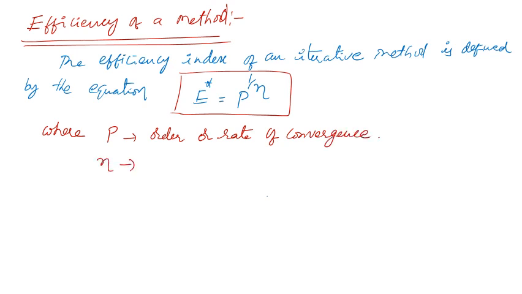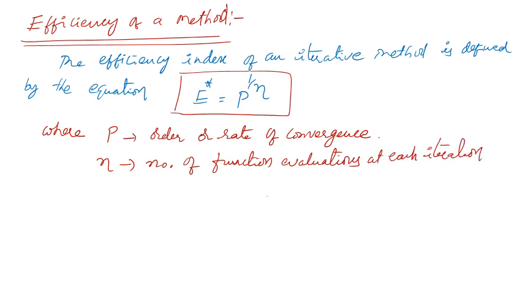And what is n? It is not the number of iterations, it is the number of function evaluations at each iteration. This is the efficiency index. Now using this, let us see the efficiency index. I will construct one table: method, n means number of function evaluations, p stands for rate of convergence, and E star stands for p to the power of 1 by n.